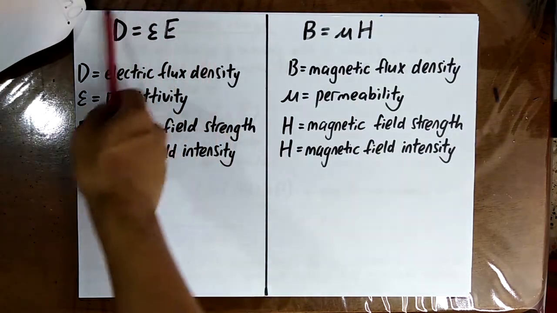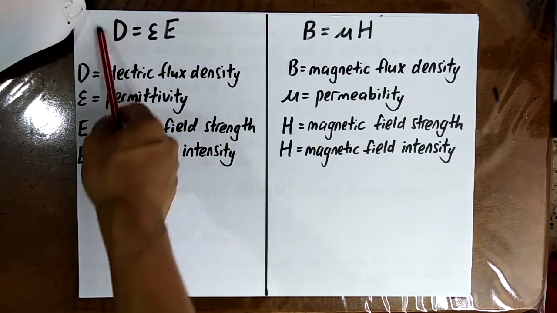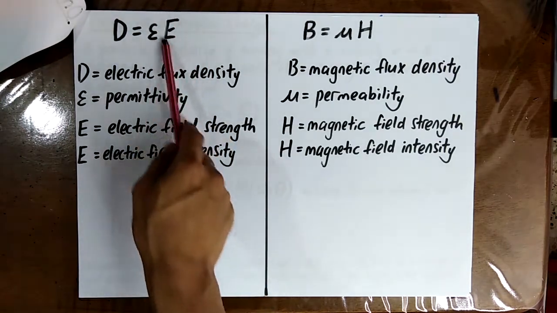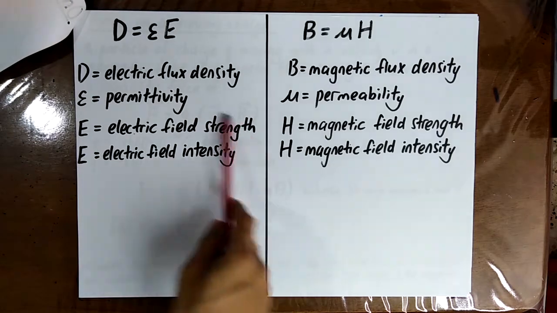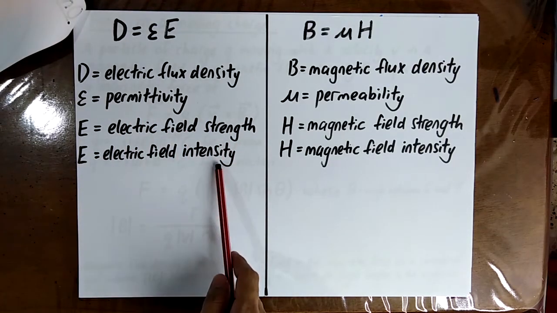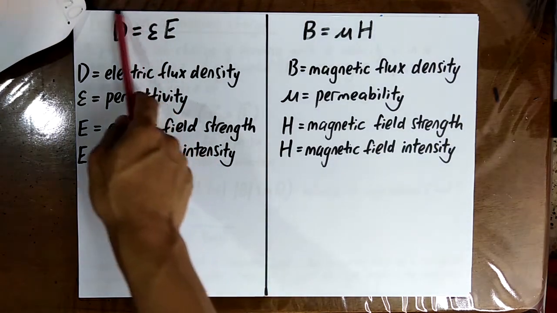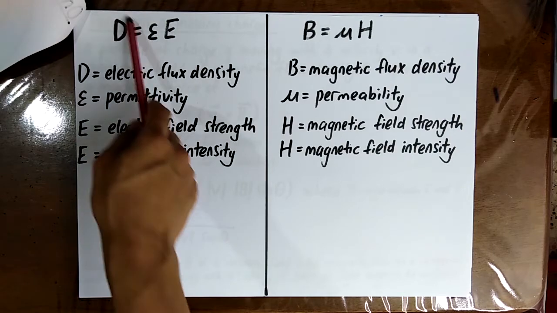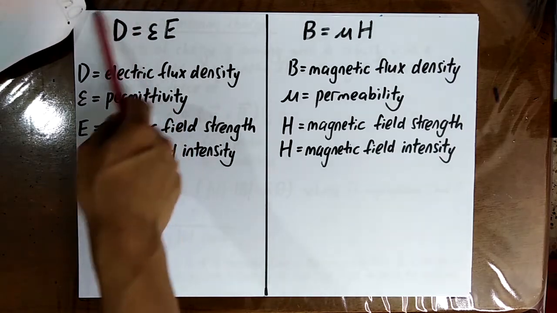Okay, recall that in the chapter on electrostatics, you only learned about the electric field strength, which is capital E. We also call electric field strength the electric field intensity. You did not learn about electric flux density in the chapter on electrostatics yet.